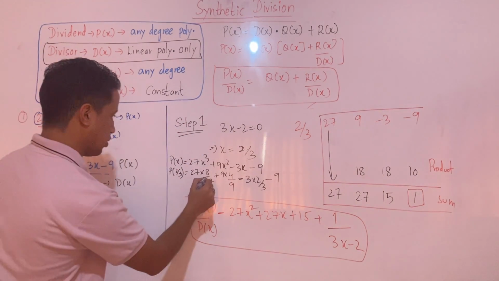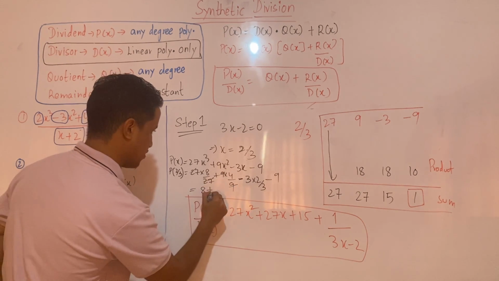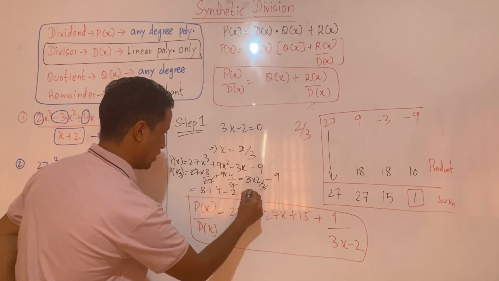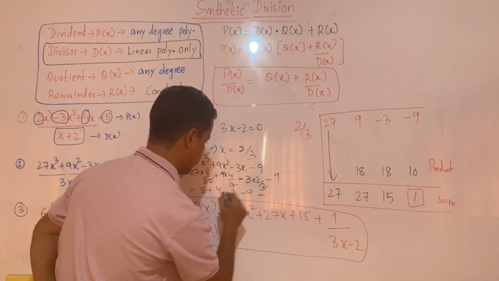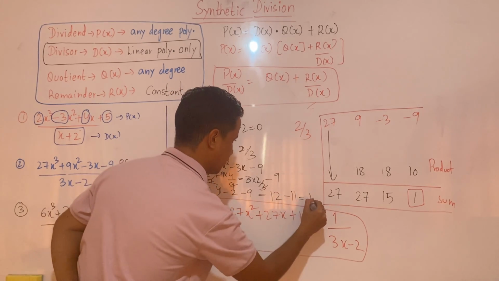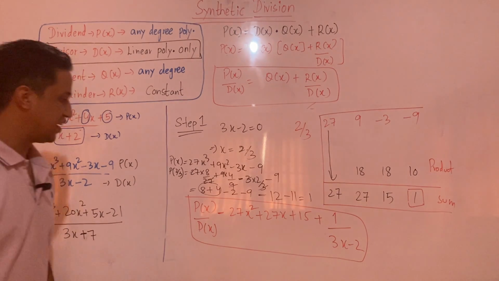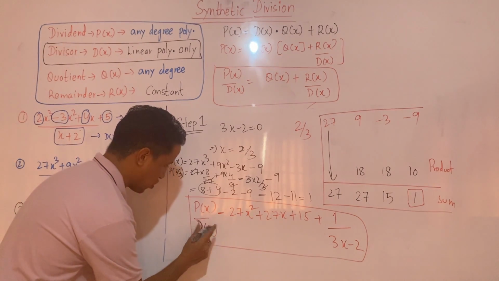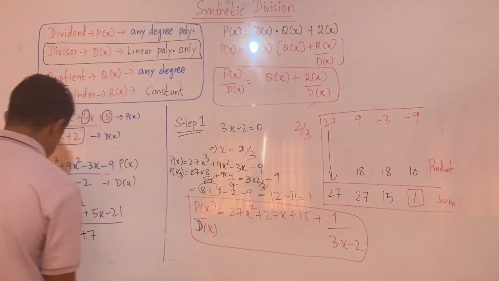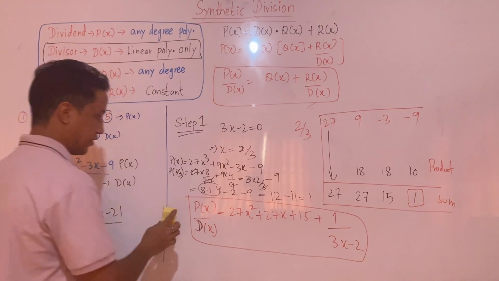Okay, so the first term is 8, second term 4, minus 2, minus 9. So 12, positive 12, negative 11, 1. So same. Okay, so we can say that dx is not a factor of px. Okay, I hope you have gotten this.